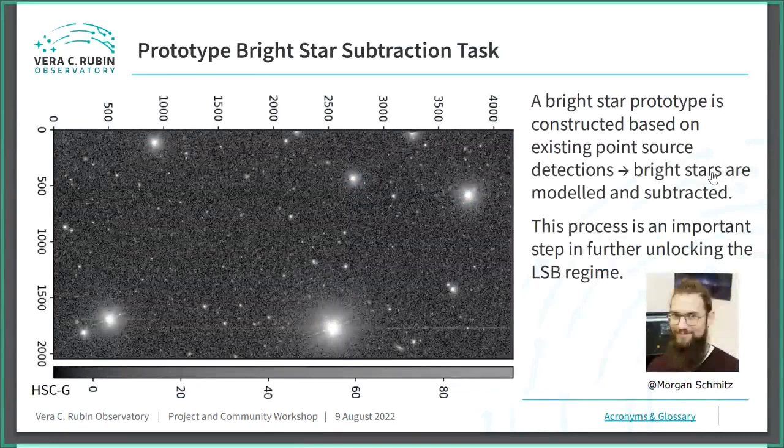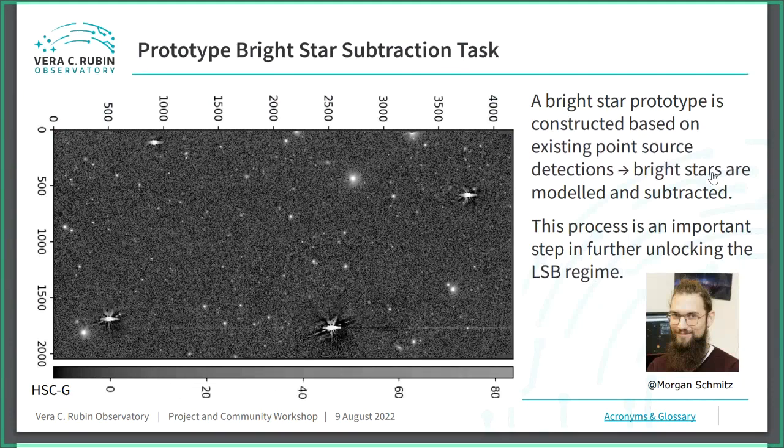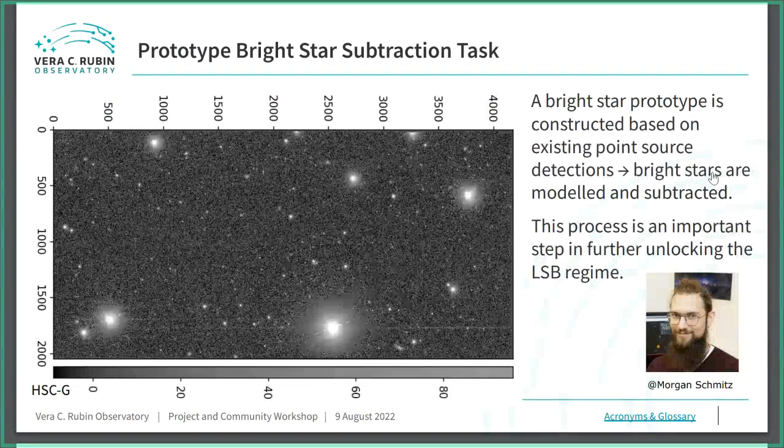Okay, something else we're looking at is bright star subtraction. This is something we've been prototyping for a while now. It was work initially kicked off by Morgan Schmitz prior to him leaving the project last year. A lot of effort was made, and we're looking to wrap that up now. The genesis of this is quite simple: we take bright stars, construct a bright star model, and then subtract them off. If you blink between this slide and the next, which is an older image now, you can see the impact on this example HSC g-band data.